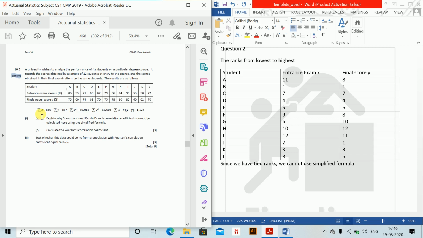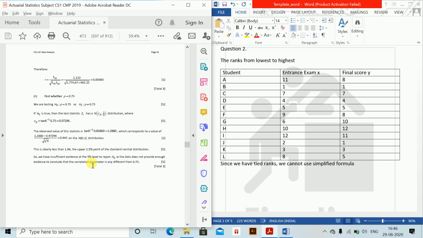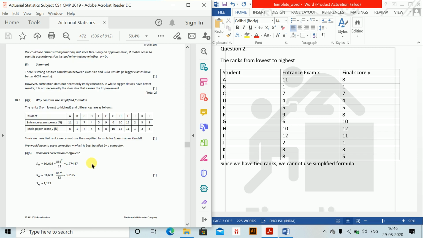Next, part 2 of this is to calculate the Pearson's correlation coefficient and test whether the data. So again we have to calculate the Pearson's correlation coefficient.